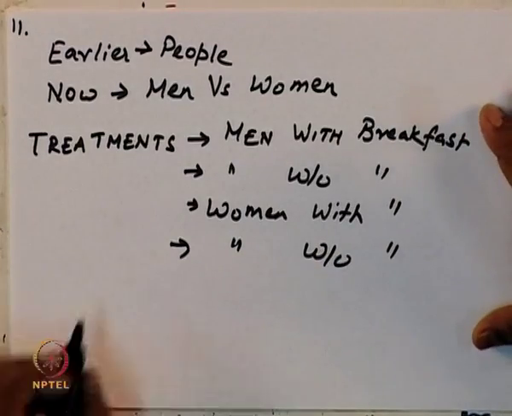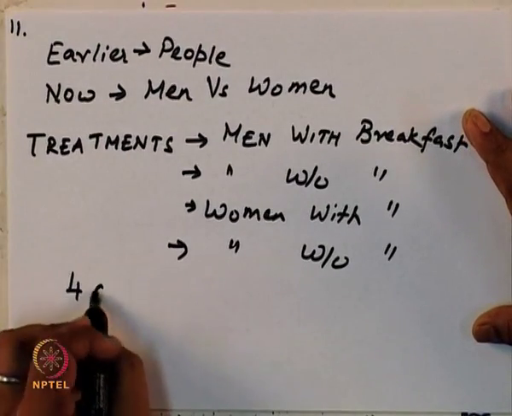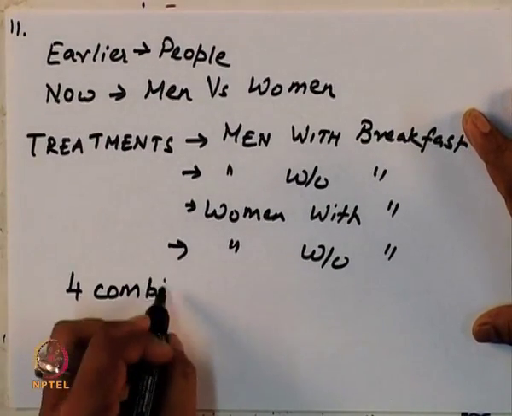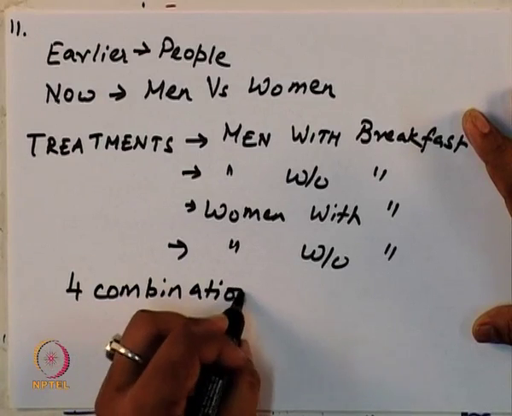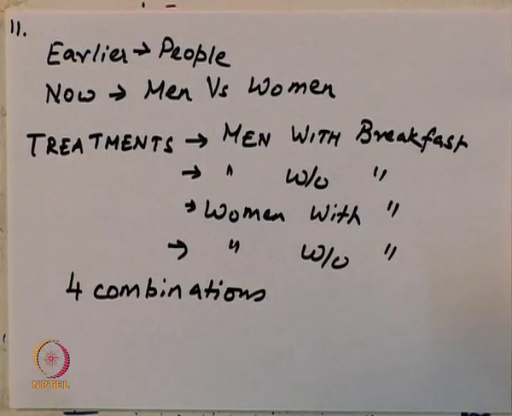So, now, instead of 2 conditions, you have 4 cases, 4 combinations. Depending on your experimental plan, you might have many more experimental combinations.